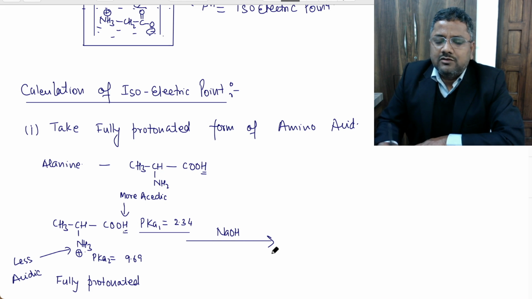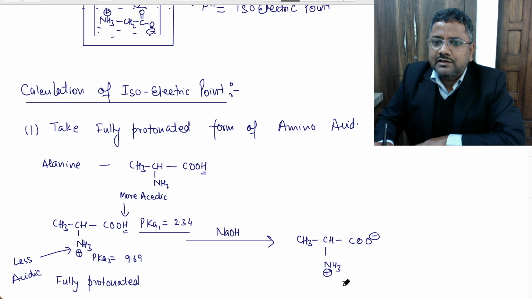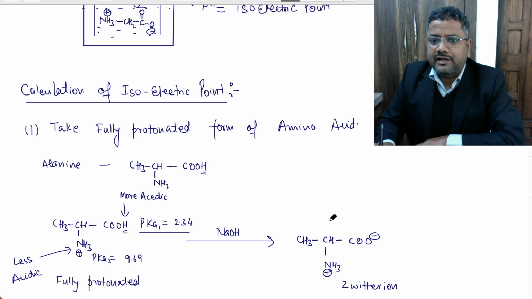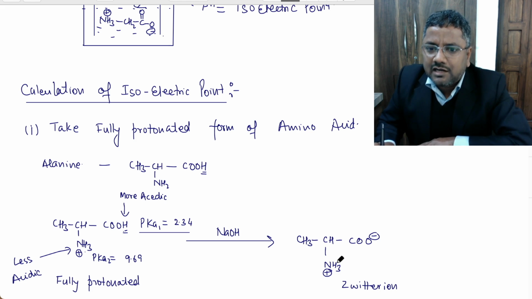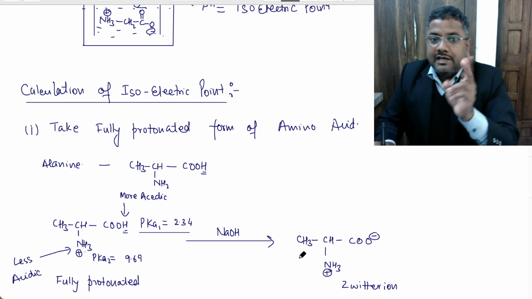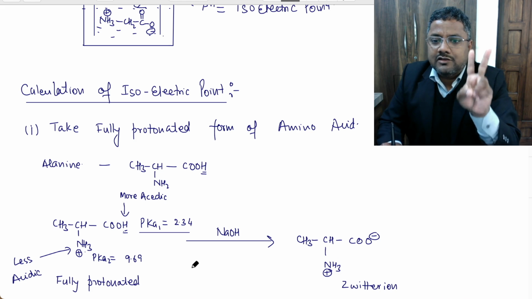This proton will go, and finally you will get CH3CH COO minus and NH3 plus, right? This is a zwitterion. You will get this 100% at the end of the first end point, because here two protons are there, so you will get two end points.